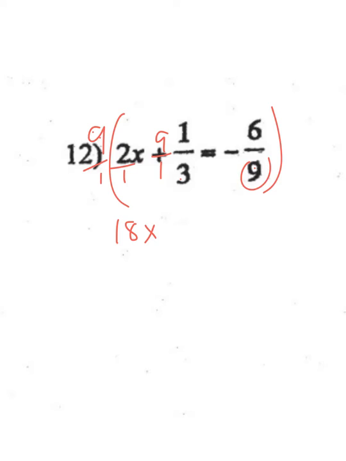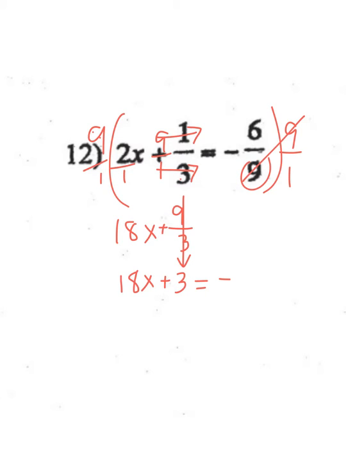That will give me 9 over 3. If I divide that down, that turns into a 3. So 18x plus 3 equals a negative. And times 9 over 1 over here, that turns into 6.